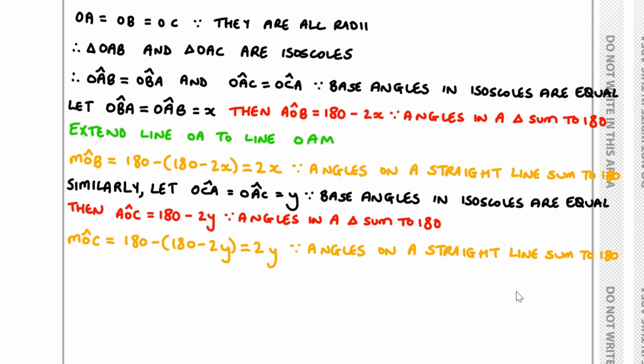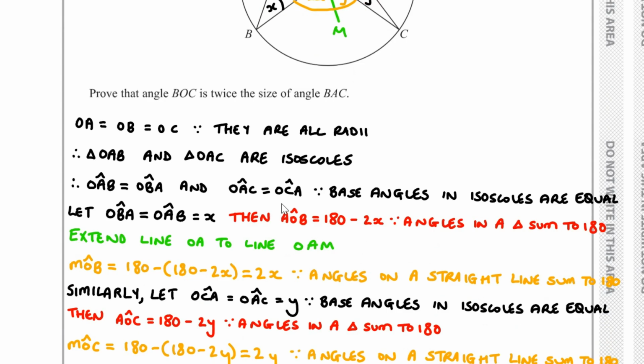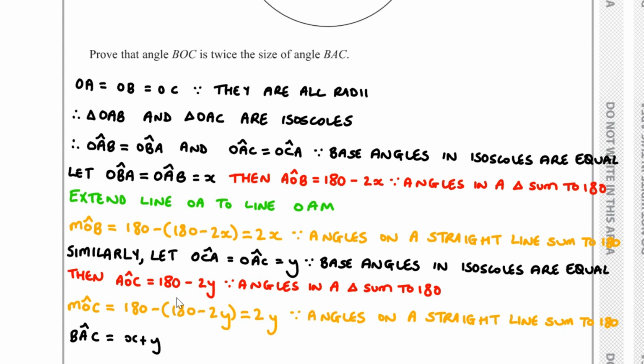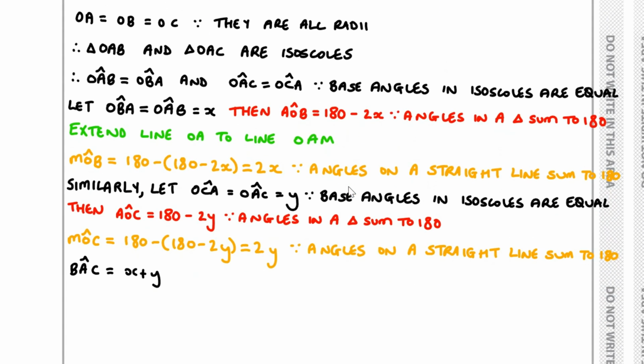Okay, so what we can also see is that the angle BAC is equal to x plus y. And what we also see is BOC is 2x plus 2y.